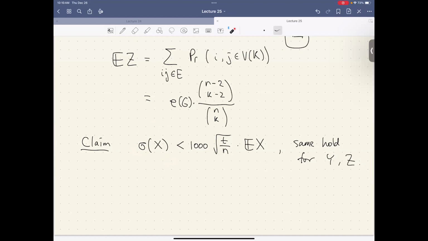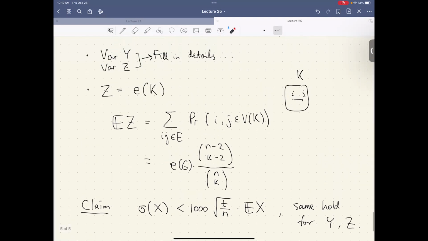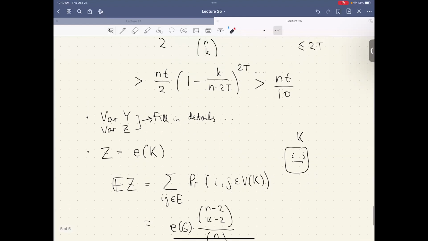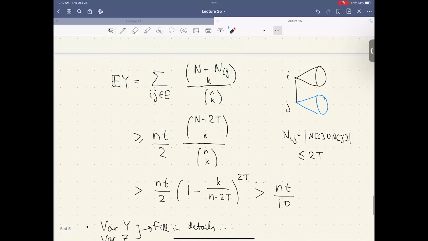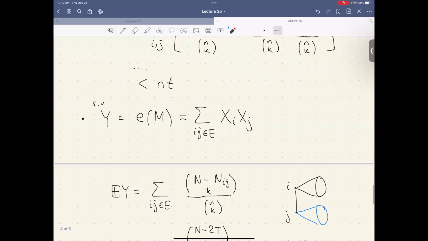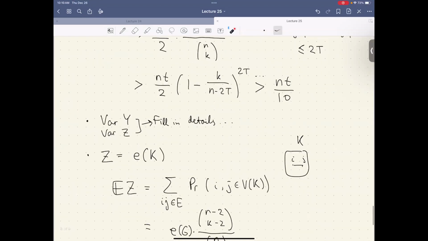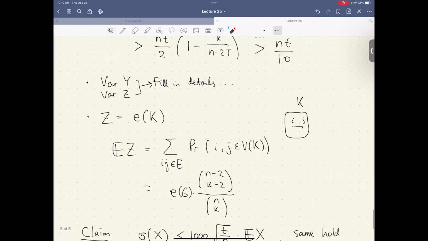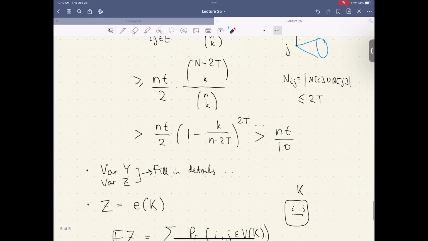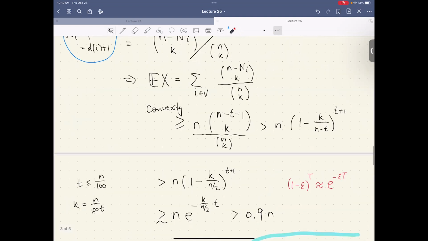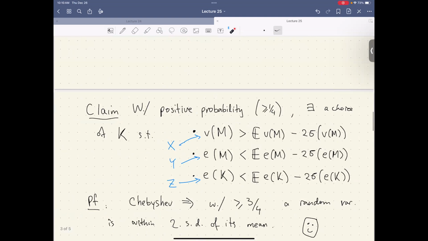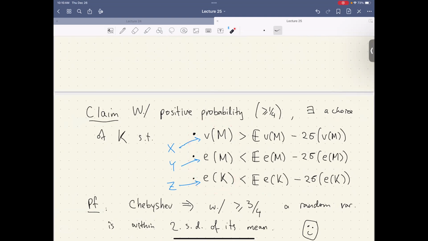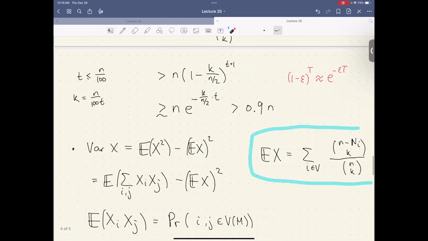Finally, let's derive the conclusion. So let me convince you why things work, the expectation of z. Right, so what is x, y, z? I forgot. Yeah, okay. X, y, z is Vm, Em, Ek.